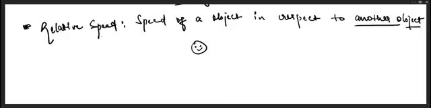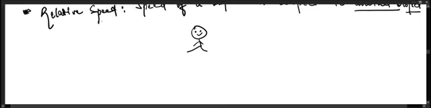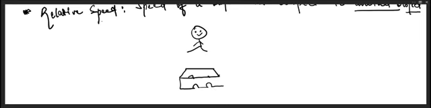There is a man standing here, and there is a car. Both are standing at a similar point.